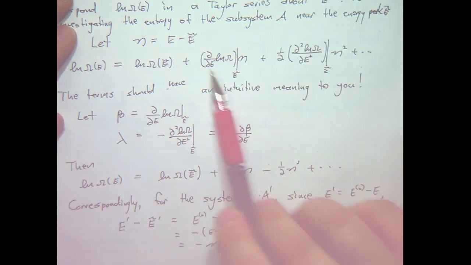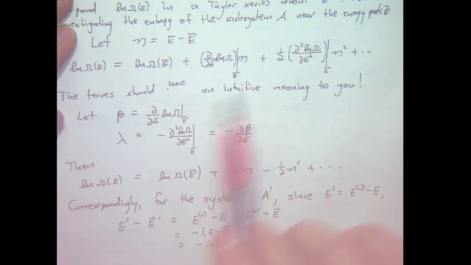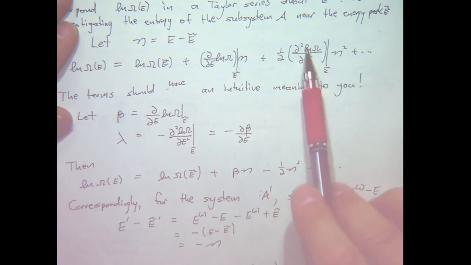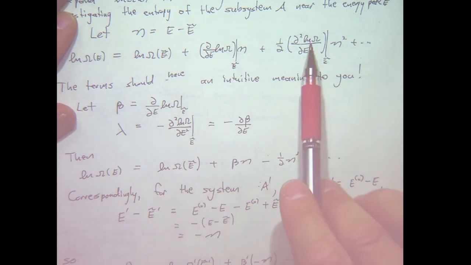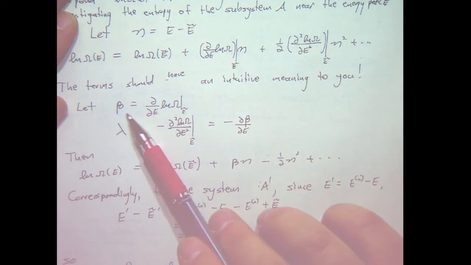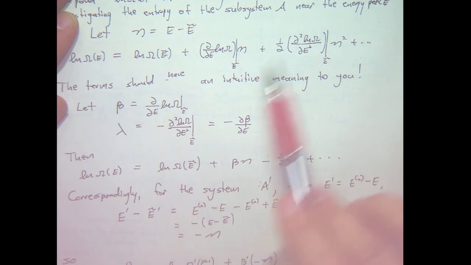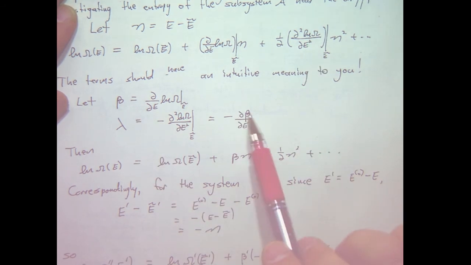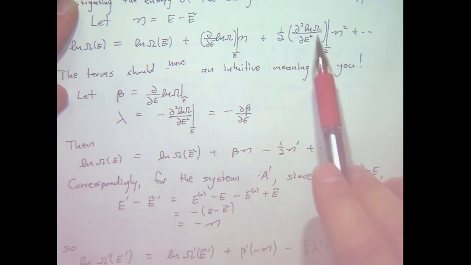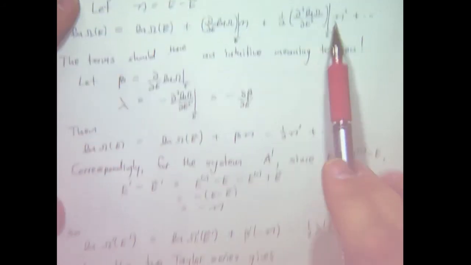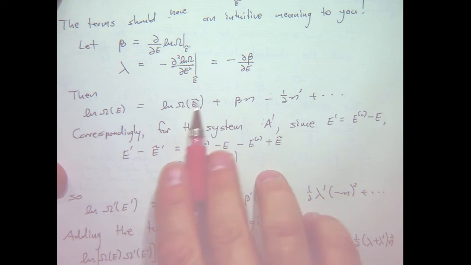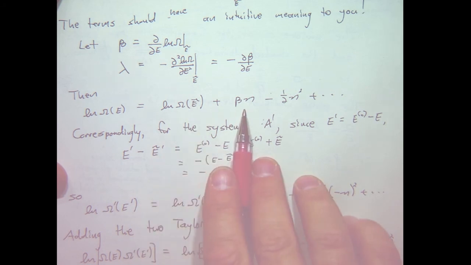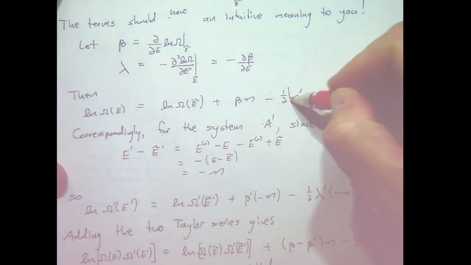This one is the inverse temperature, 1 over kT, and this one here, which we'll call lambda, is in fact, since d by dE of log omega is 1 over kT, basically d minus d by dE of beta. That's the second order term. And so log of omega is that plus beta eta minus half lambda eta squared.